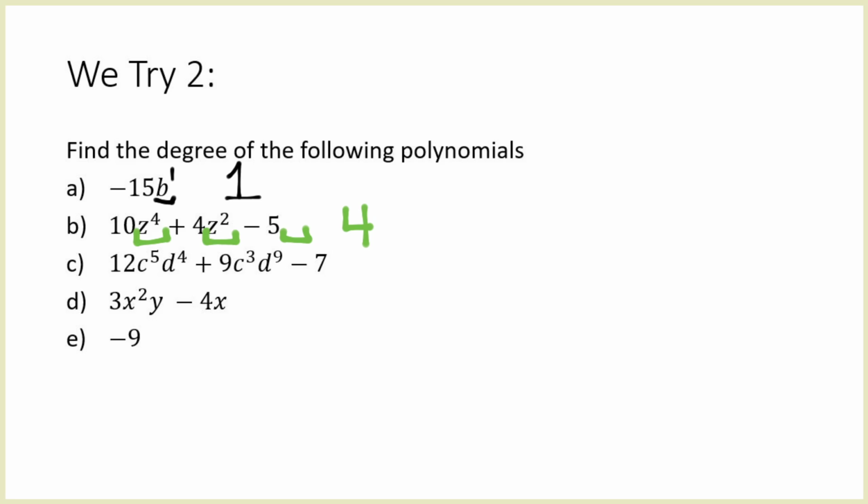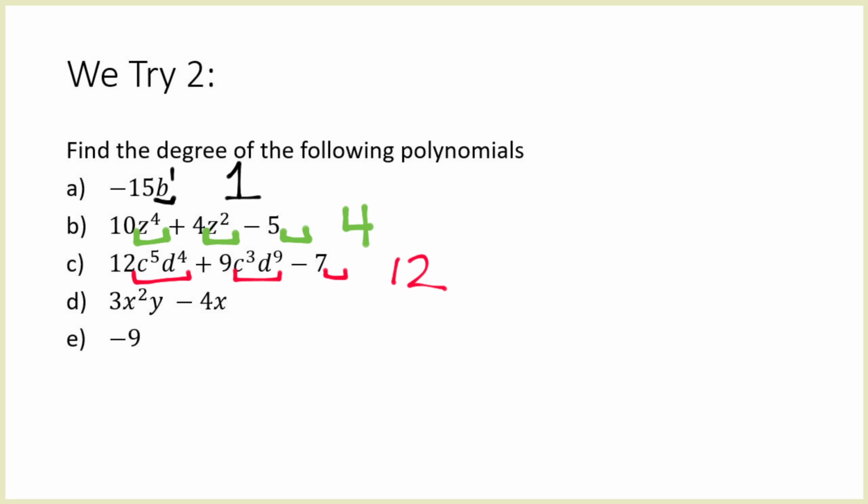Letter C. This first term has two variables, but it has a degree of 9, because 5 plus 4 is 9. This next term has a degree of 12, and this last term has a degree of 0. So the biggest out of 9 and 12 is 12. So this trinomial has a degree of 12.